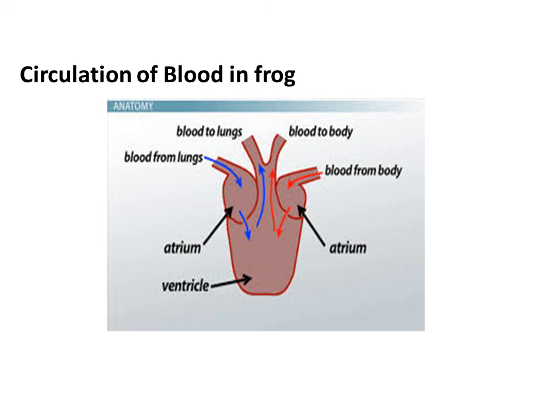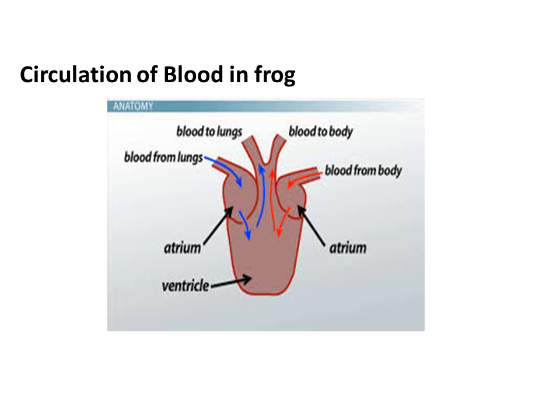right? So the oxygenated blood from the left atrium moves towards the ventricle, and from the ventricle the oxygenated blood is pumped towards the different parts of the body, right? And in a similar way, the deoxygenated blood from the right atrium is pumped towards the ventricle, and the ventricle pumps the deoxygenated blood towards the lungs for oxygenation.